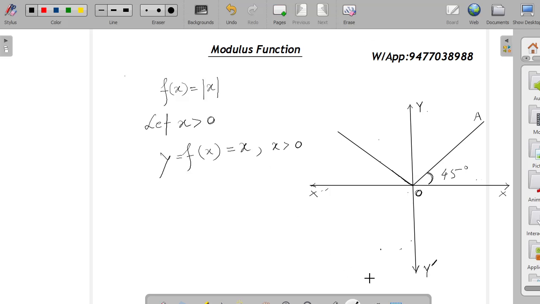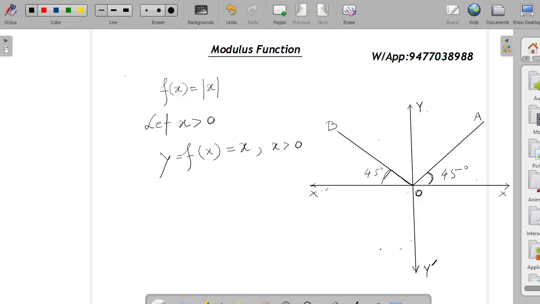So this line OB makes an angle of 45 degrees with OX prime.